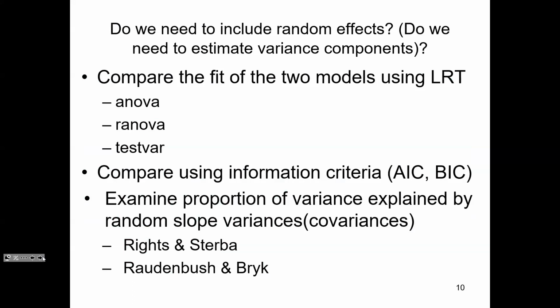Because imagine I told you this randomly varying slope explains 5% of the total variance in math achievement. Maybe you would think 5% isn't that much, but 5% is actually a lot. I'd be like, whoa, the randomly varying slopes explain 5% of the variance in math achievement, in my total outcome variable.